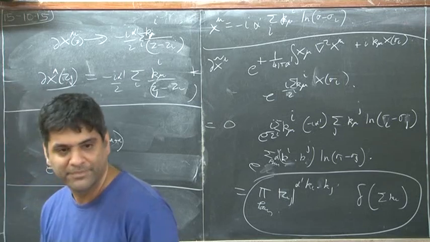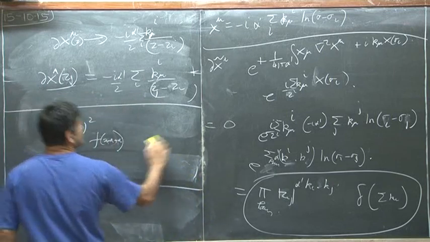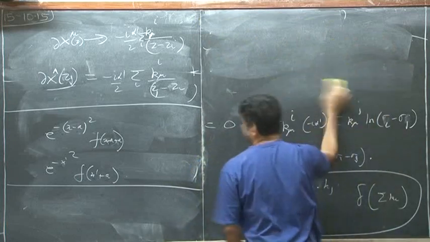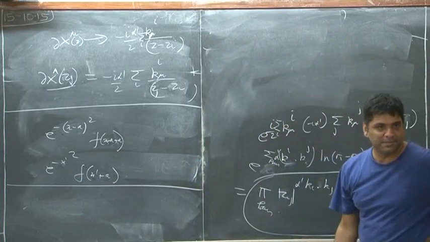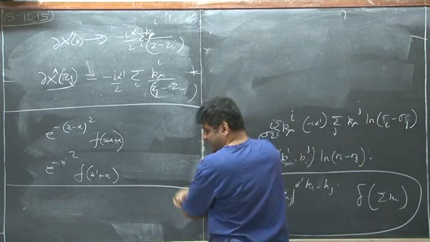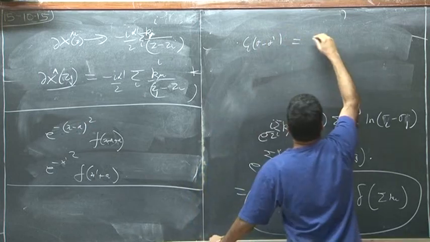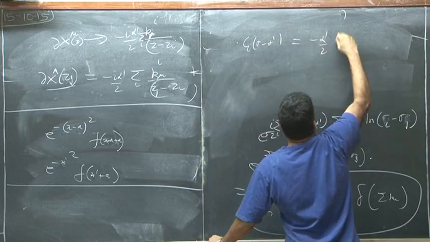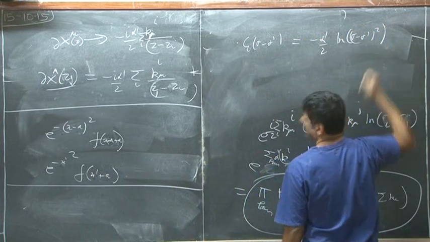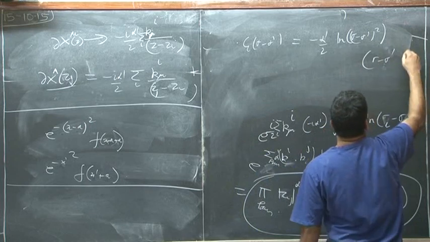So suppose we did something interesting. Suppose we define a regulated Green's function as follows. G of sigma minus sigma prime is equal to minus alpha prime by 2 log of sigma minus sigma prime squared for |sigma minus sigma prime| greater than epsilon.